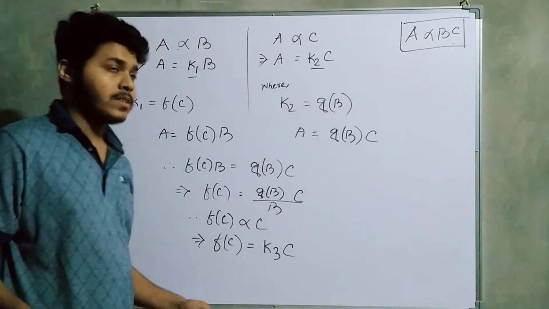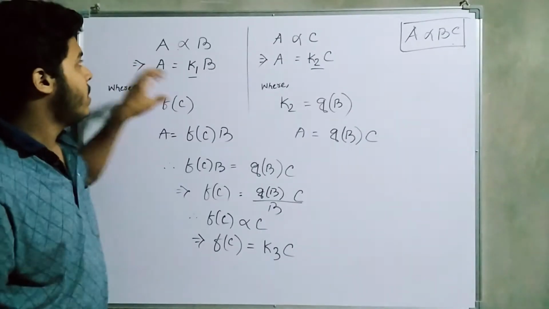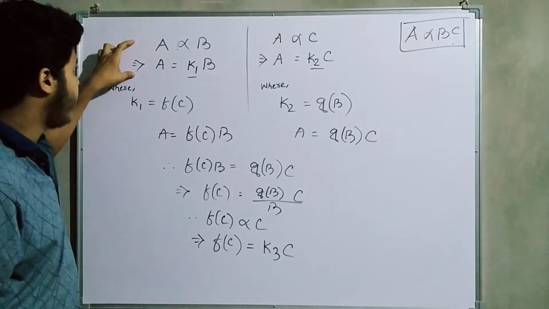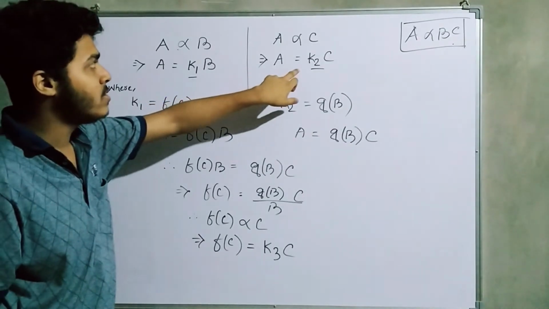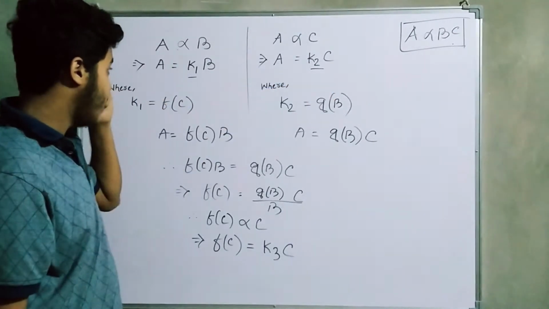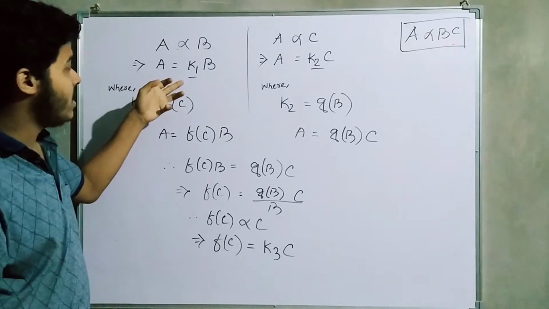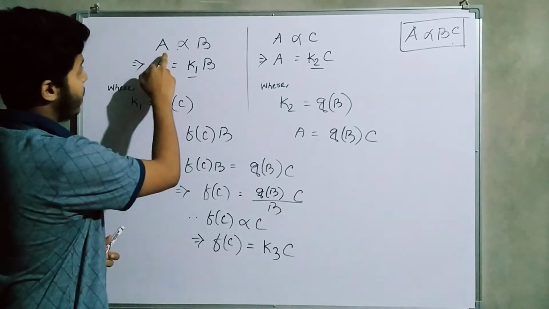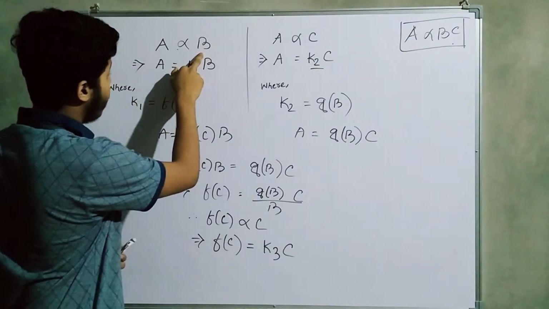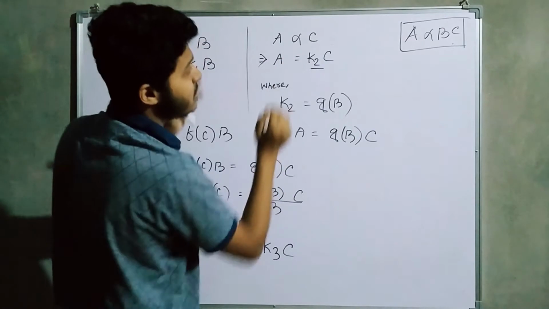So as we discussed, A is proportional to B and A is proportional to C. If A is proportional to B, we can say A equals K1 times B, and in this case, A equals K2 times C. K1 and K2 are constants, of course, but they're a little different type of constant, because A does not only depend on B, or only on C, it depends on both B and C, right?